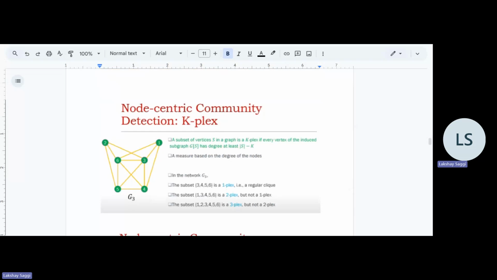Okay, so then there's another criterion called K-plex.